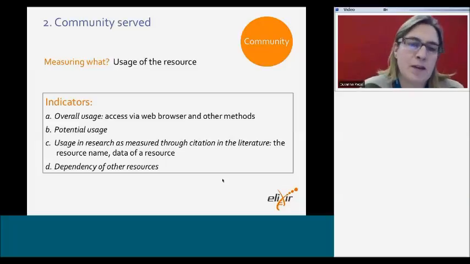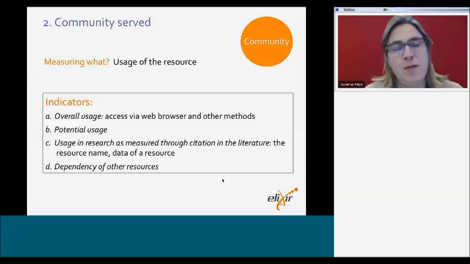And then the third category here, reach and usage, is how much this resource is referred to in the scientific literature. There are three things that we can look at here. One is, how many times is the resource named? If you can search the full text, we've used Europe PMC because that's one of the few places you can get a wide corpus of full text. If you search the full text and abstracts in Europe PMC, how many articles does the resource get named in?